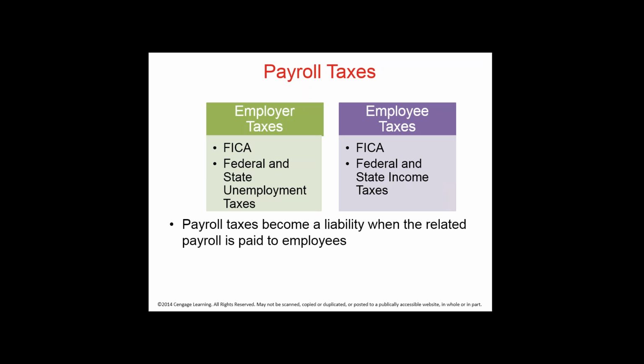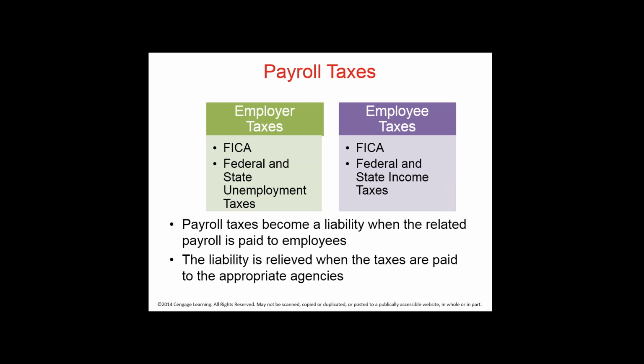Payroll taxes become a liability when the related payroll is paid to the employees. So we've already looked at the entry where we've set up the liabilities for FICA, federal withholding, and state withholding taxes from the amounts that we deducted from the employee's pay, but we also need to make an entry for the liabilities that are going to be incurred by the employer because of that payroll.